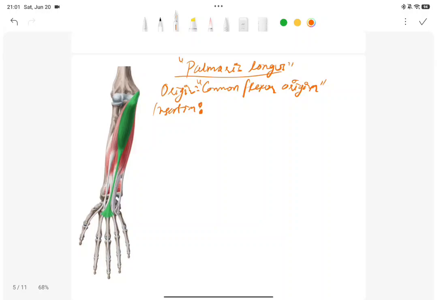It has a long slender tendon that passes over the flexor retinaculum. So the flexor retinaculum is a thick band of fibrous tissue that protects the tendons from bowstringing. Bowstring means not letting the tendon bend.